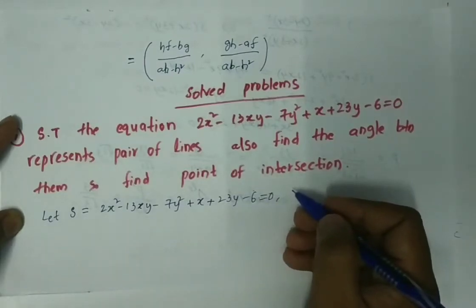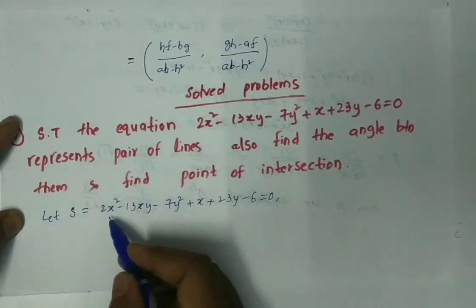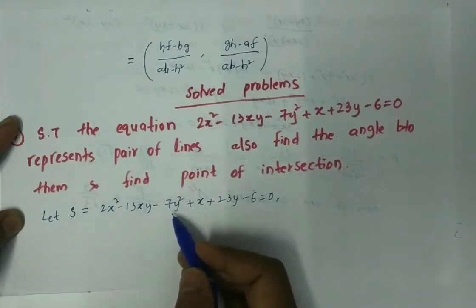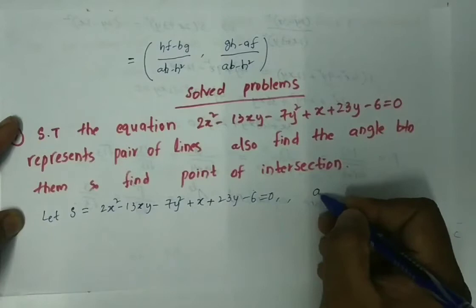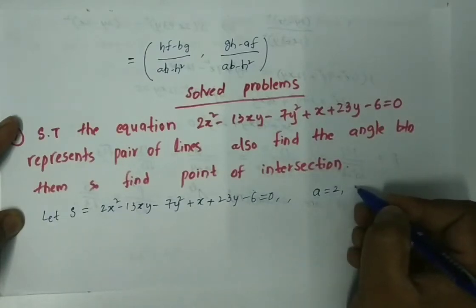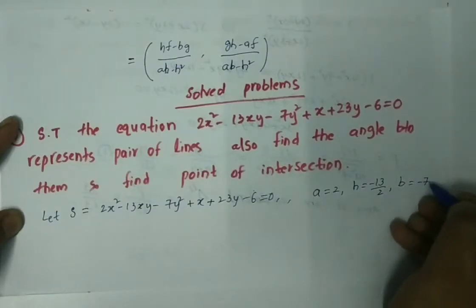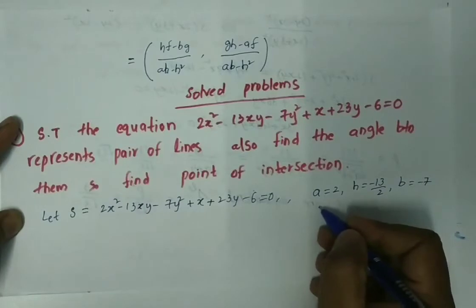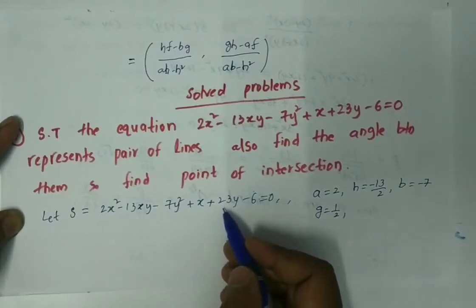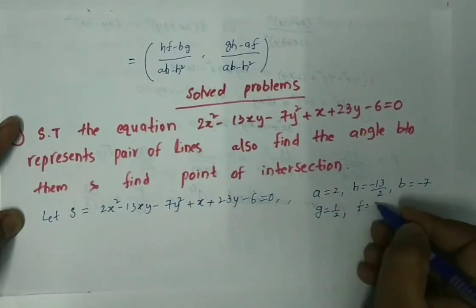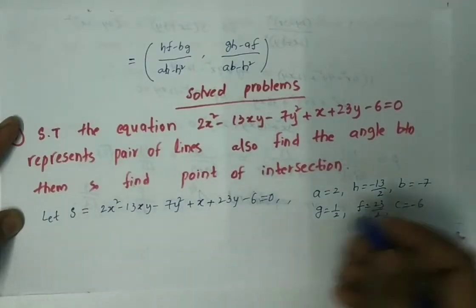Then by comparing the given equation with the equation ax square plus 2hxy plus by square plus 2gx plus 2fy plus c is equal to 0, we get the values: a is 2, 2h is equal to minus 13, therefore h is equal to minus 13 by 2, b is minus 7, next 2g is equal to 1, therefore g is equal to 1 by 2. Next 2fy, f is equal to 23 by 2, and c is equal to minus 6.